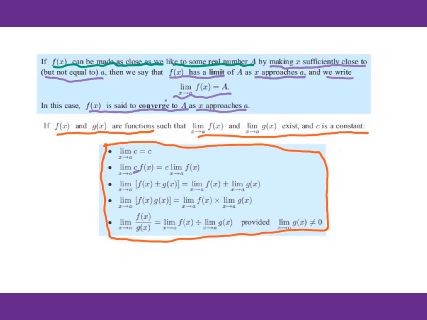If you have a constant c, you can take c out, and with plus or minus, you can separate the limit. Multiplication, we still can separate the limit. Division, then separate the limit also.